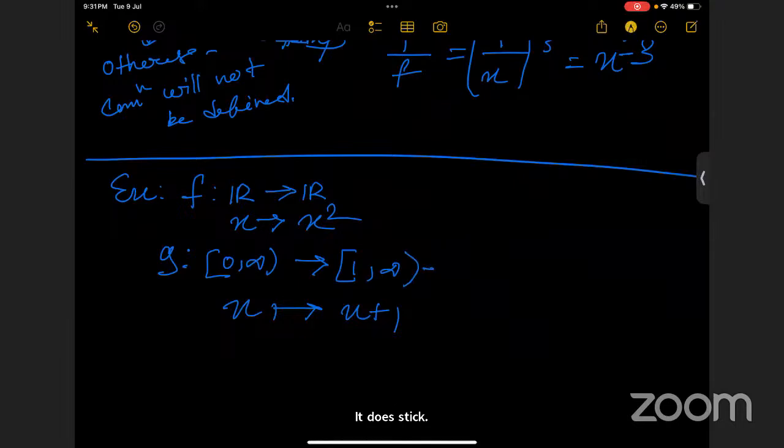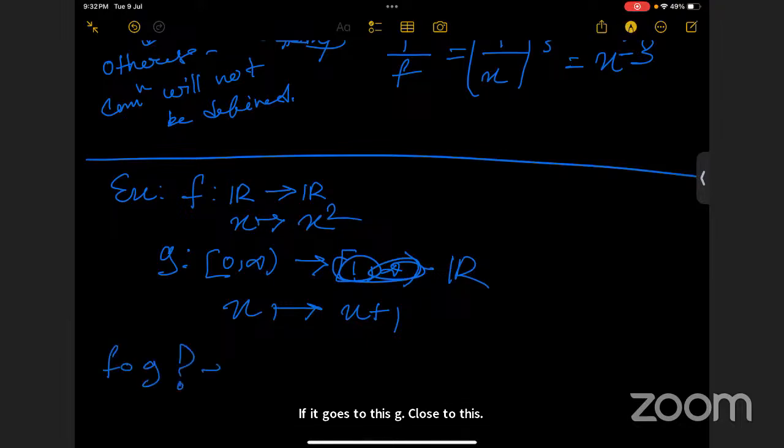Or else I can take it as real numbers. So suppose we have these two functions. What will be f compose g? What is the codomain, what is the domain, and what is the function?